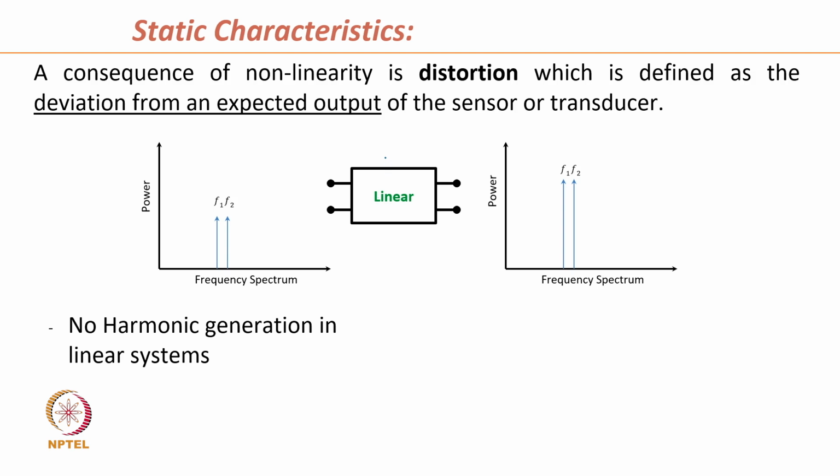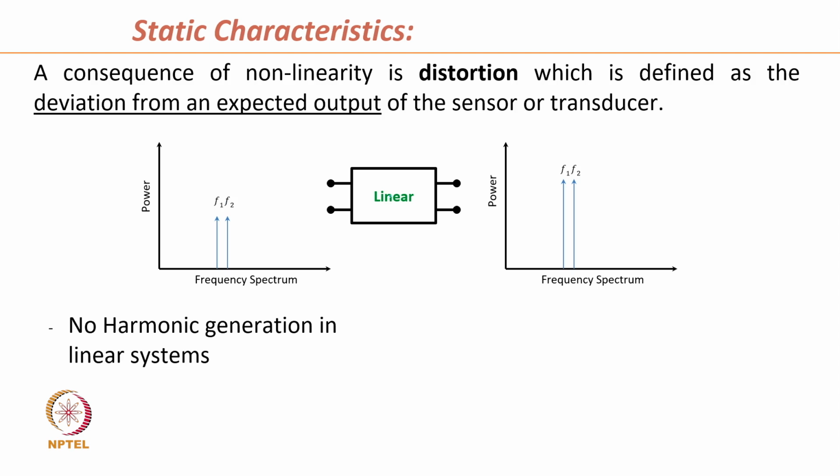where we have a completely linear system and we apply two frequencies to its input, let us say frequency 1, f1, and frequency 2, which is f2. We are talking here in terms of frequency domain and we have this frequency spectrum f1 and f2, these two frequencies we apply at the input.